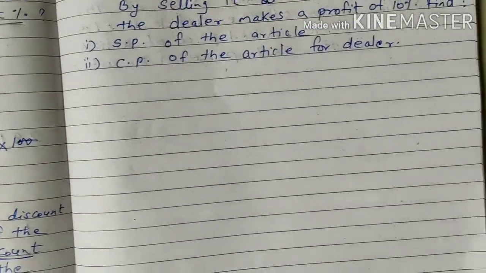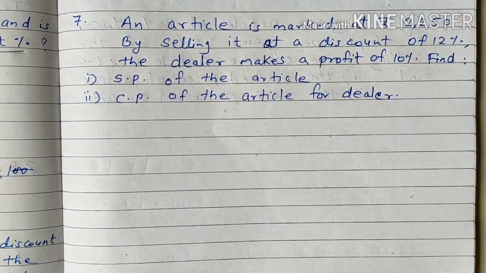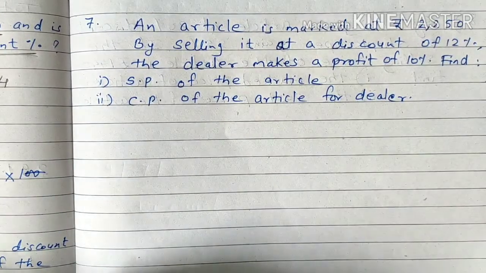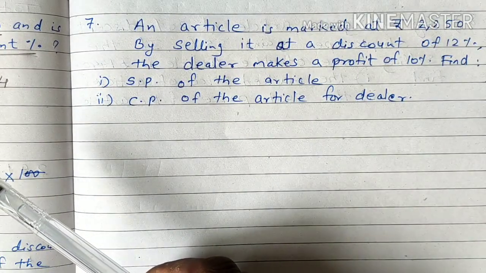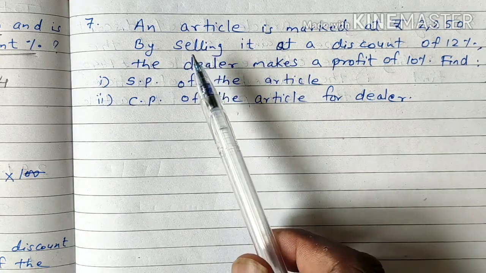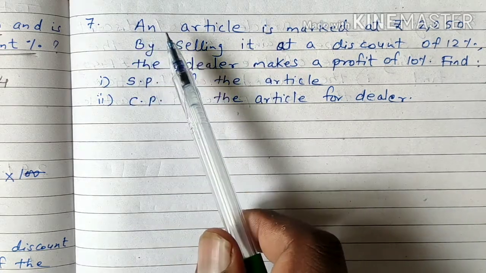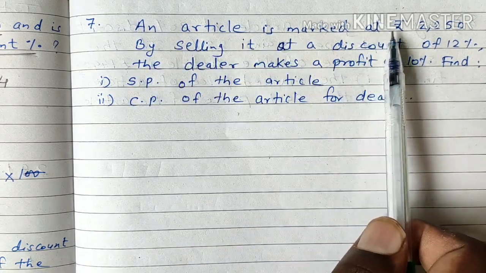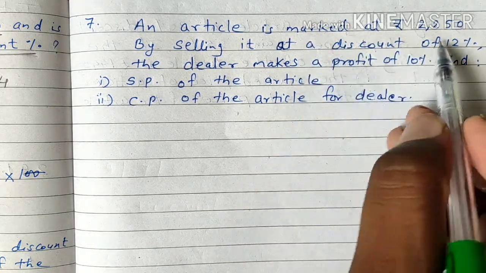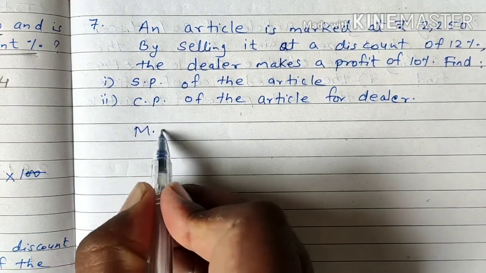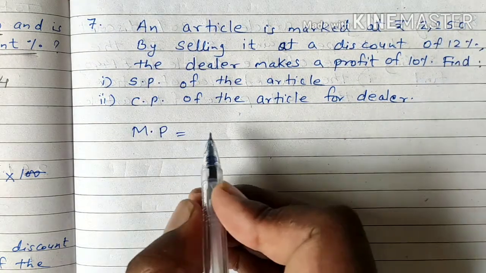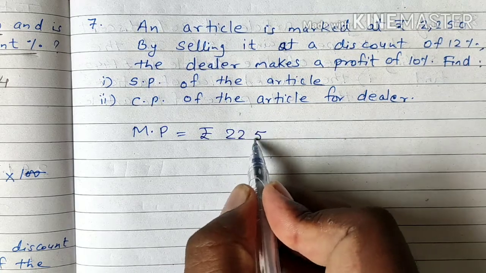Then next is question number 7. The remaining questions 2, 4, 5, 6 you can do as homework. I am putting those questions in the assignment as well. Then question number 7: An article is marked at rupees 2250. So the marked price is given as rupees 2250.